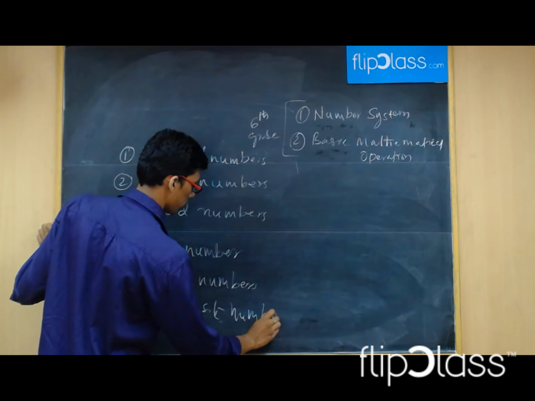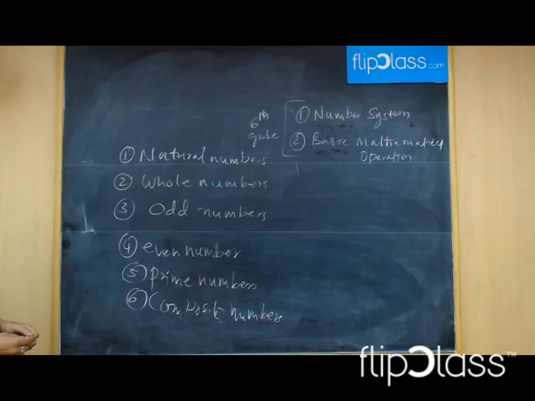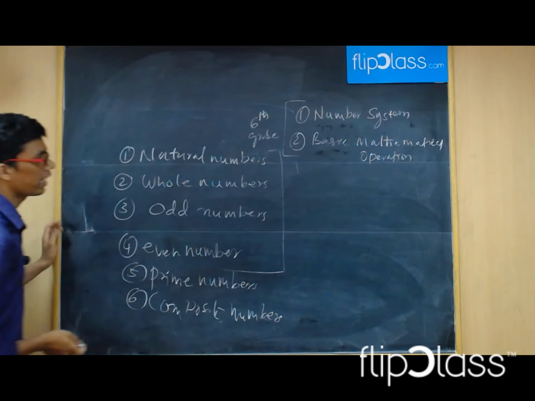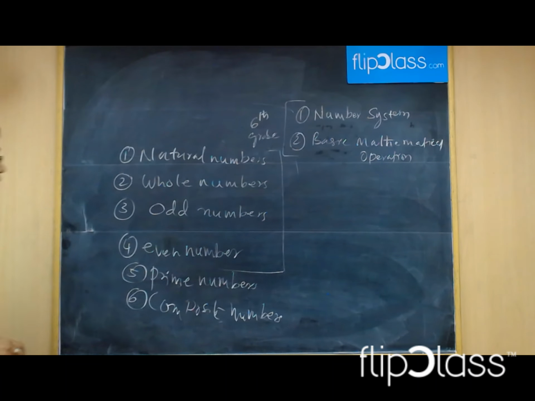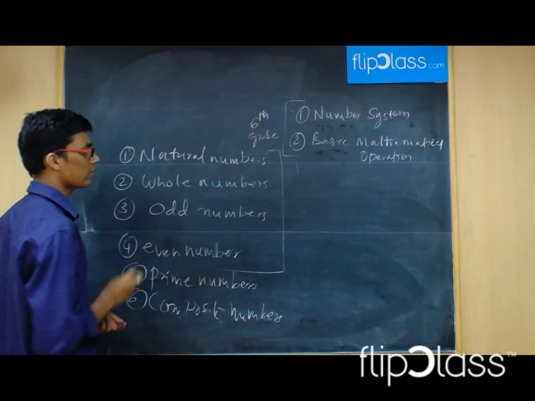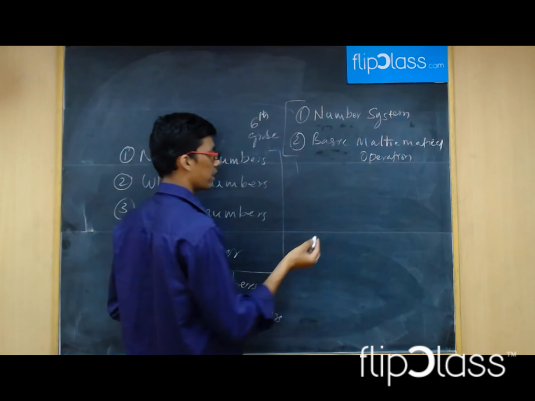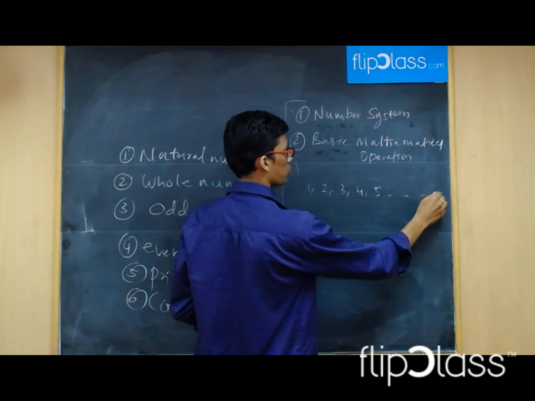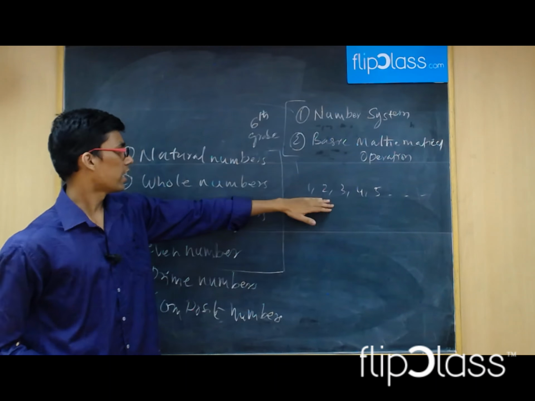Now, for your 5th class, you get to know about these 4 different types of numbers, it's good to go. So what are natural numbers? Everyone will be aware of the number series starting from 1, 2, 3, 4, 5 and so on. All these numbers are called natural numbers.